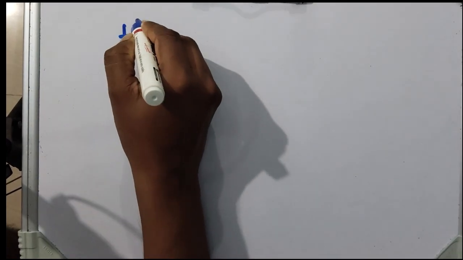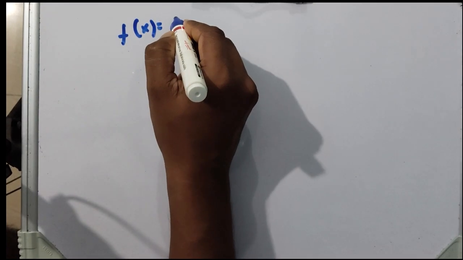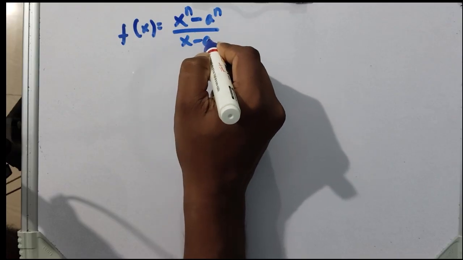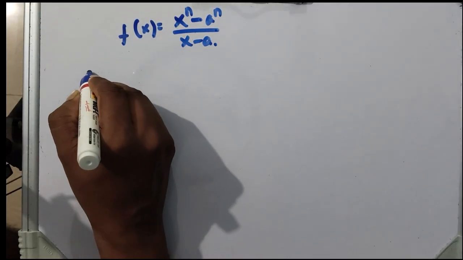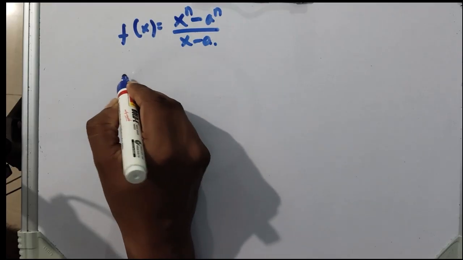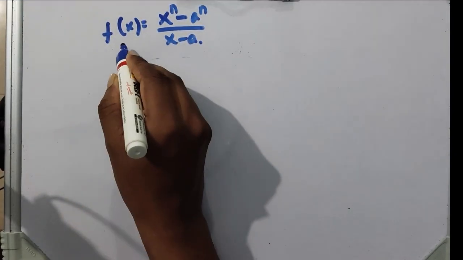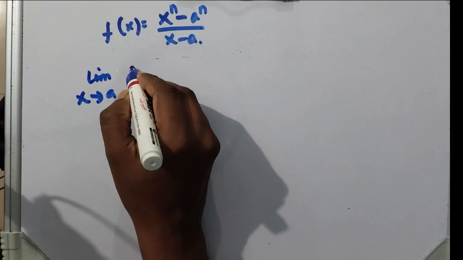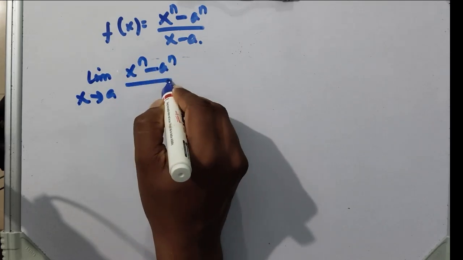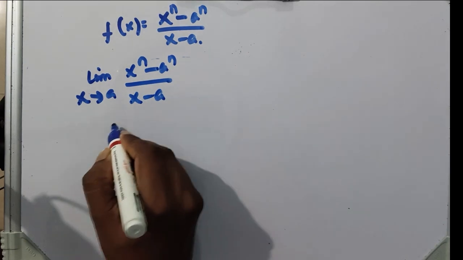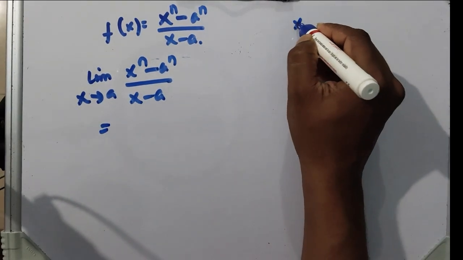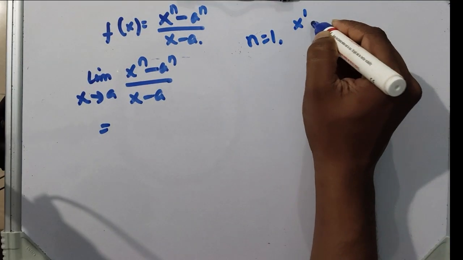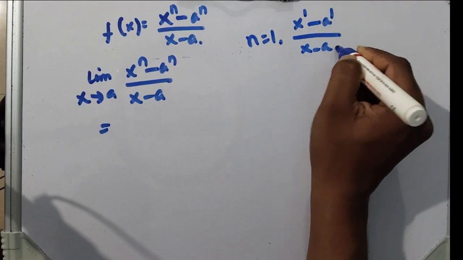So now we have f of x equal to (x to the power n minus a to the power n) by (x minus a). Now let's check: when n is equal to 1, then (x minus a) by (x minus a) is equal to 1.